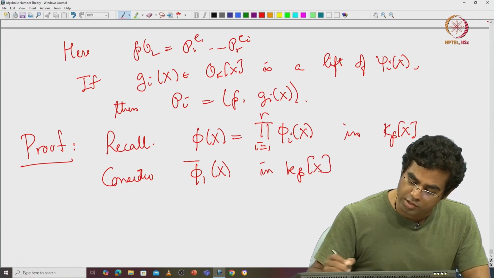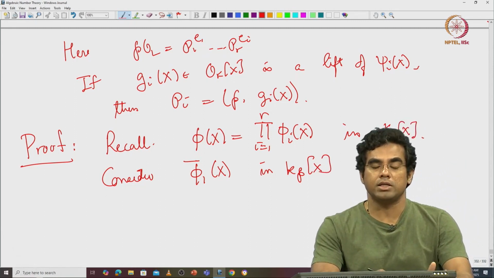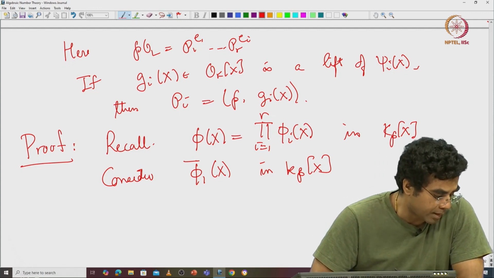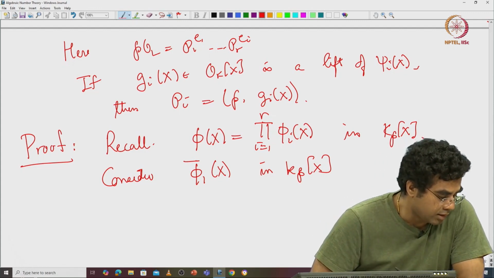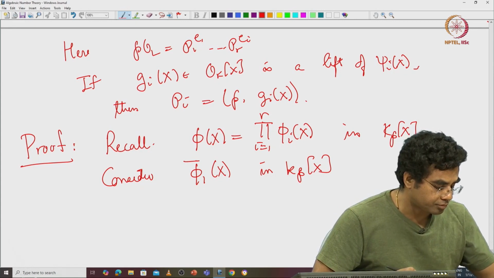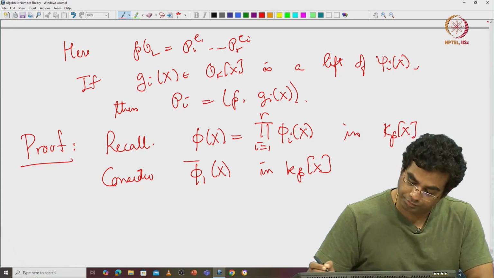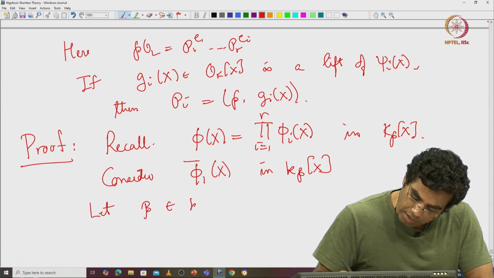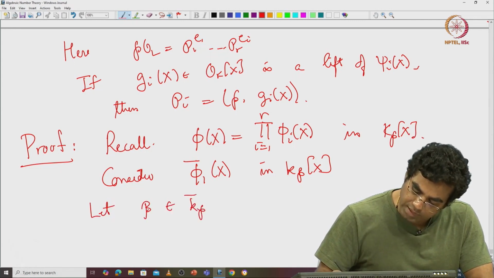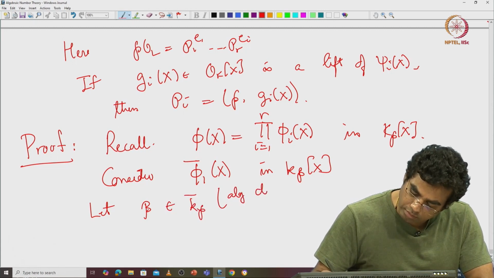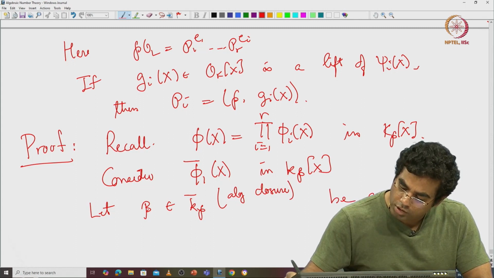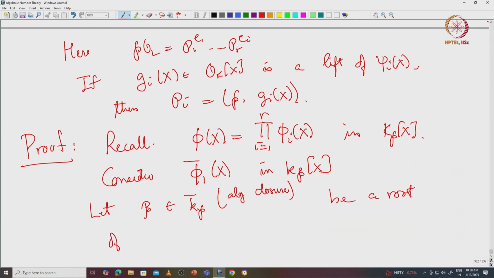This is the image of phi 1 of x in k_p[x], and we call it phi 1 bar. Let beta in the algebraic closure of k_p be a root of phi 1 bar of x.